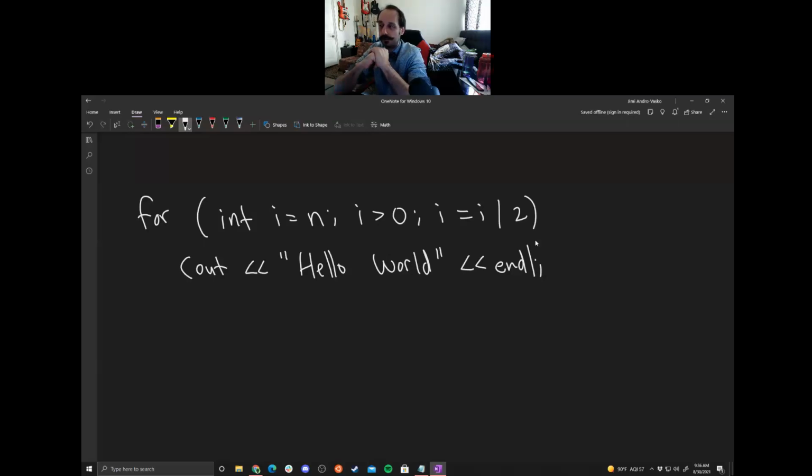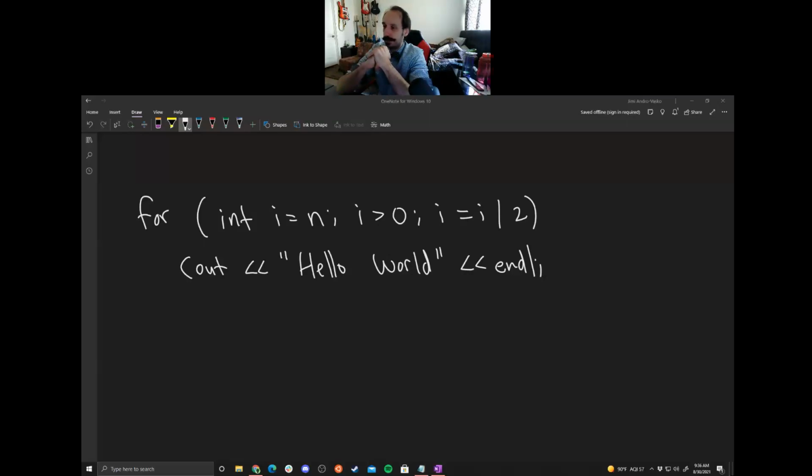At some point I will become 1, and 1 divided by 2 will be integer 0, which will force this comparison check to be false, and it will escape the loop.